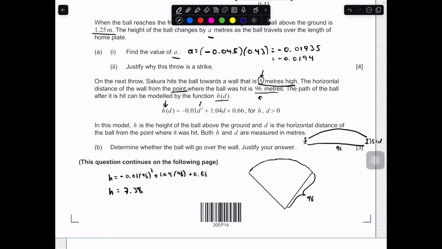Because when d is equal to 96, h equals 7.38. 7.38 is greater than 5. Something like that.